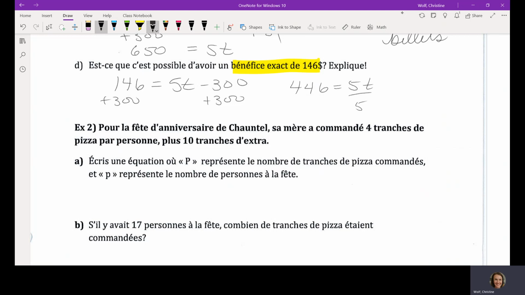And then, quand tu divises par 5, 446 divisé par 5 te donne 89.2. And you cannot sell 0.2 of a ticket. That's kind of another way of proving it. Si tu ne veux pas écrire une phrase, tu peux montrer ça. Impossible de vendre 0.2 d'un billet.